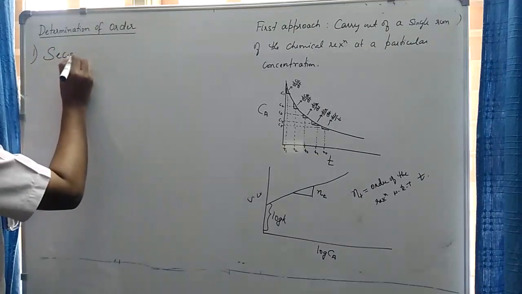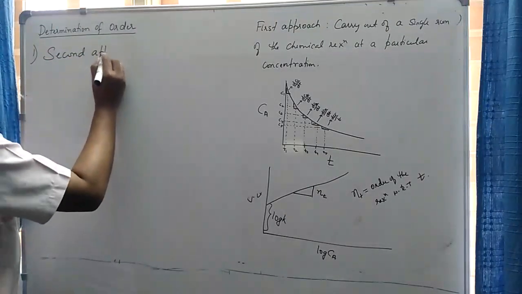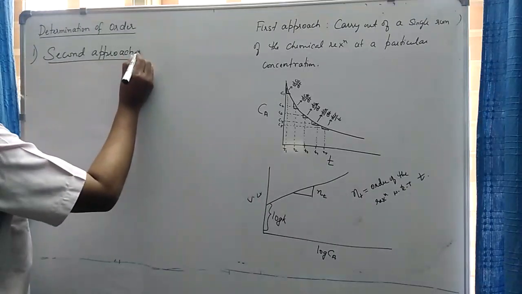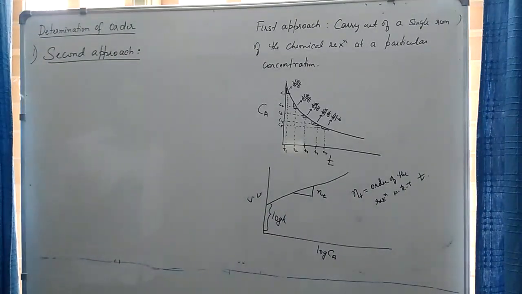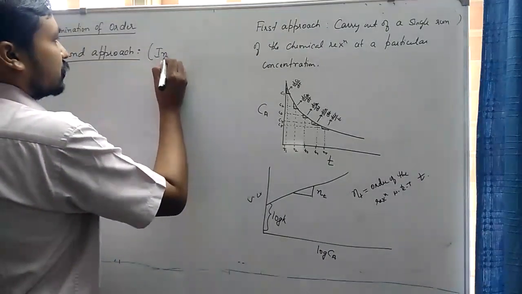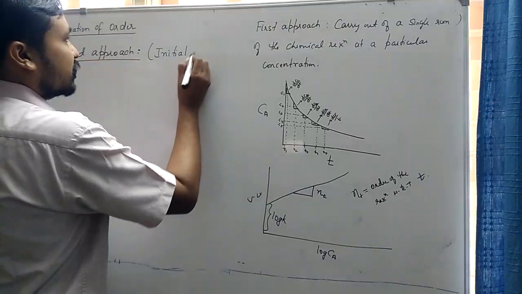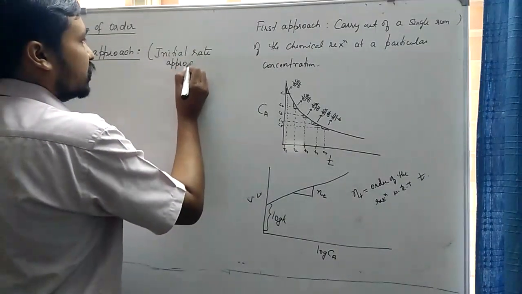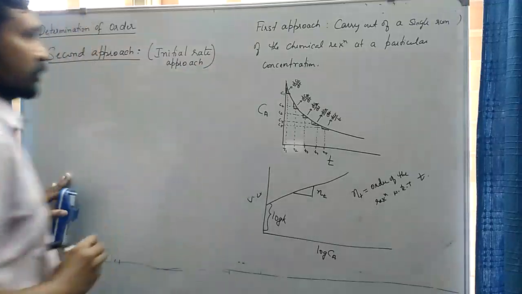The second approach, which is a more appropriate approach when the product is influencing the rate of the reaction, is also called the initial rate approach, because we are measuring the initial rate of the reaction.